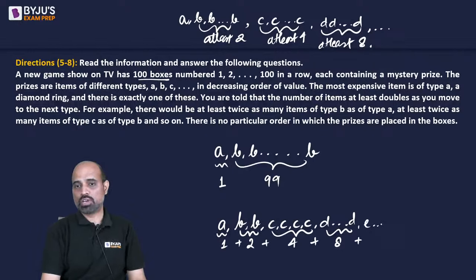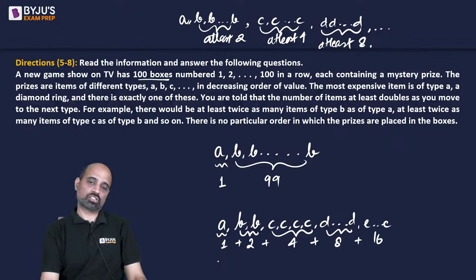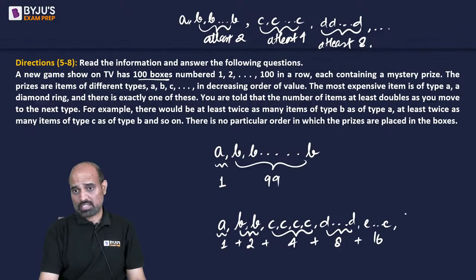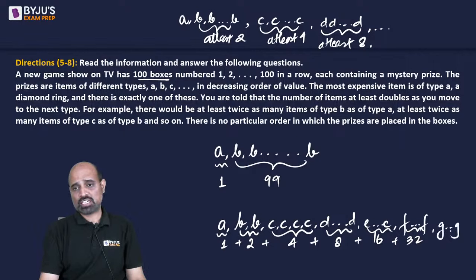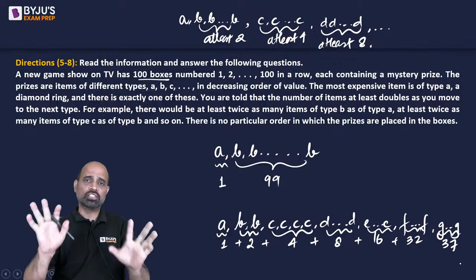Next, E is going to be 16 boxes. If you add all of this, this is going to give you 31. Then F is going to be 32 boxes. If you add all of this, this is going to give us 63. And if we put G, G is going to be 37 boxes. Now when you add, this is 100 boxes.